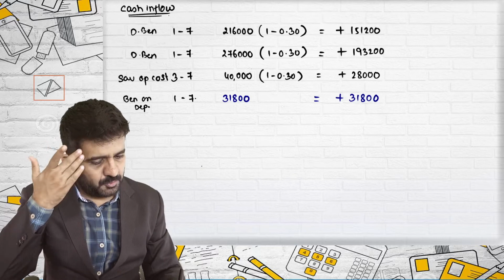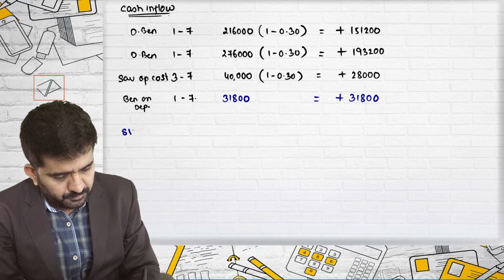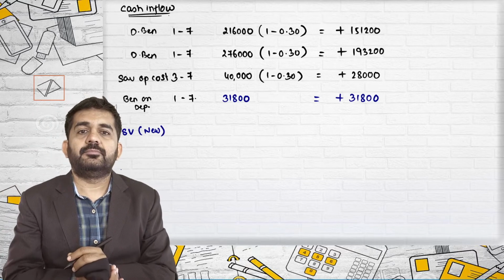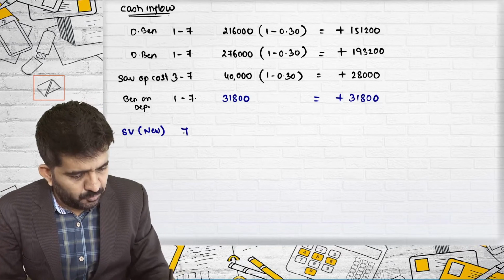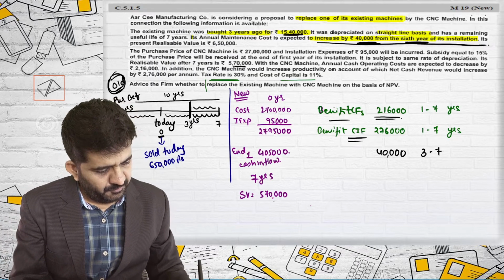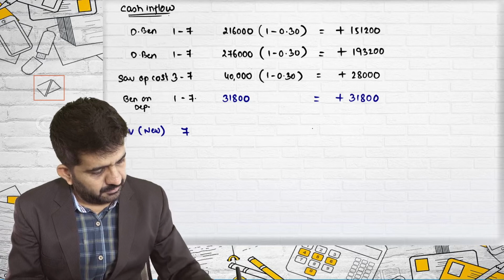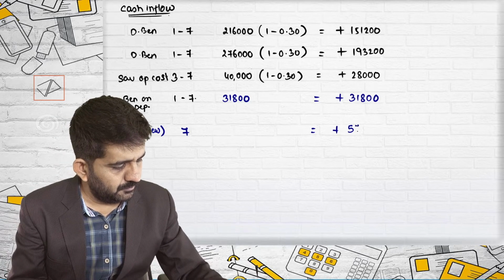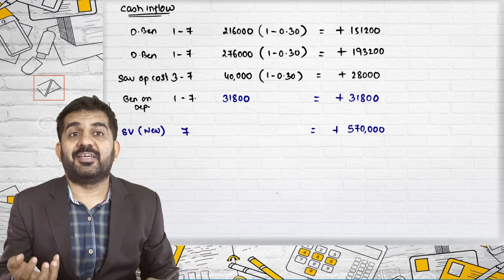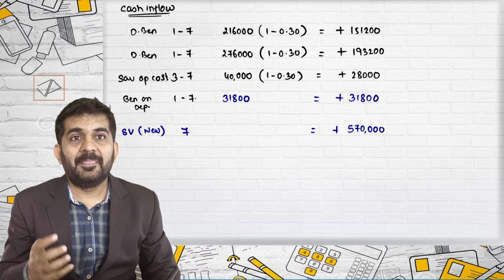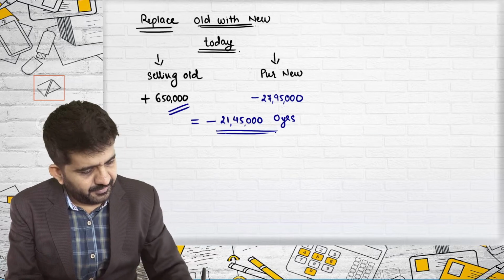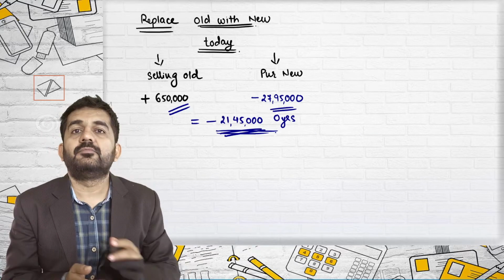Other benefits which I'll be getting, one is the scrap value of the new machine. Scrap value of the new machine will be only at the end of the 7th year, which will be 5,70,000. Sir, the cash inflow of the old machine that we have already deducted, right?